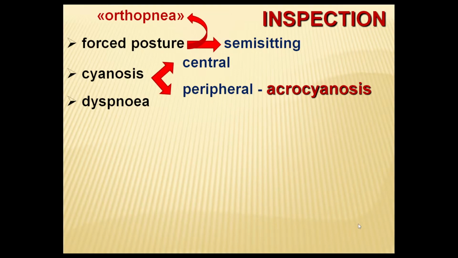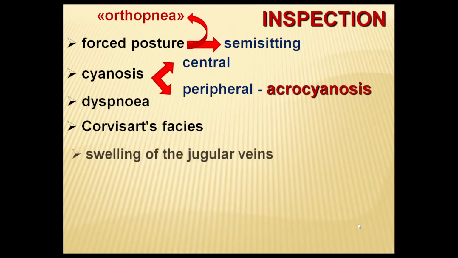As a result, he cannot talk and eat simultaneously with breathing, and the patient needs a short break to continue his physiological actions. We can reveal the specific Corvisat's face. I'll show you the next picture and give its characteristic.